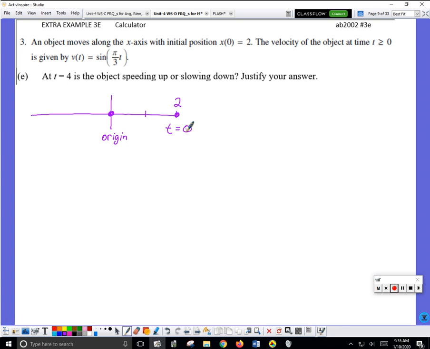Once again, I want to make sure I keep track of when they are talking about an amount, when they are referring to a rate, or a rate of the rate. So please raise your hand and tell me where this symbol belongs in the table. An object moves along the x-axis with initial position x of 0 equals 2.